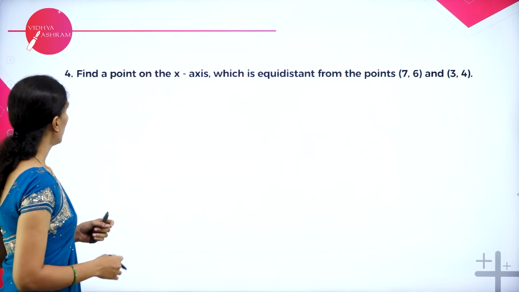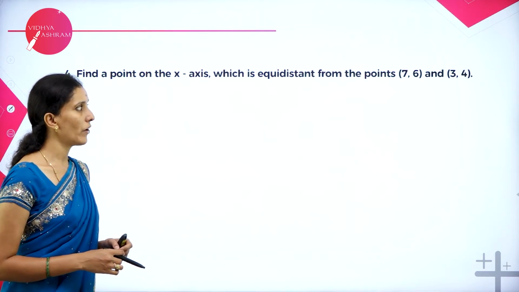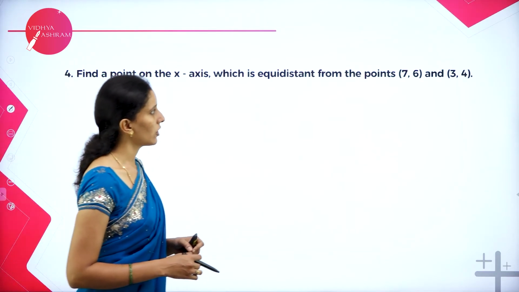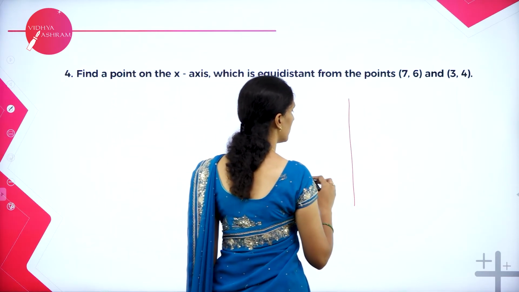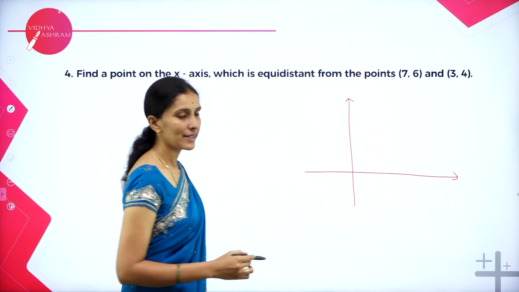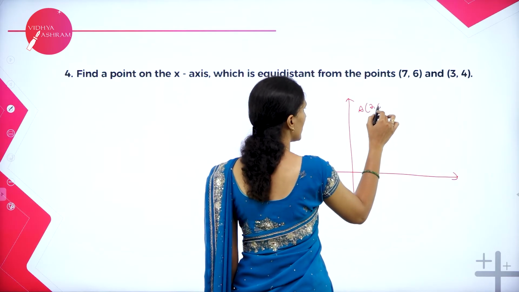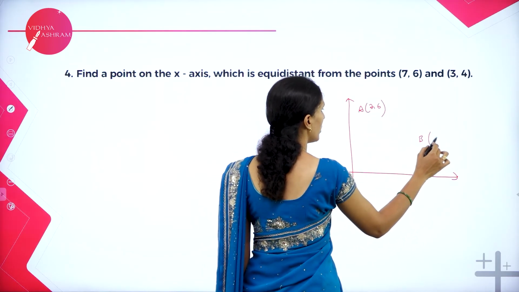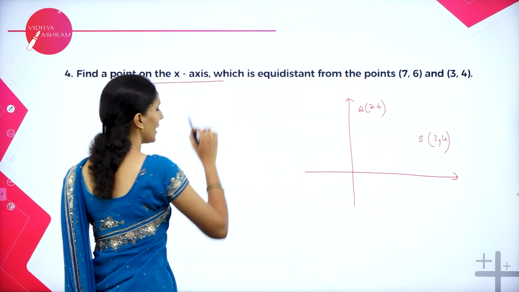Next question. Find a point on the x-axis which is equidistant from the points (7, 6) and (3, 4). So here we have two points, one is (7, 6) and the other is (3, 4). Let me take a point (7, 6) here, and somewhere here a point (3, 4). I have a point which lies on the x-axis.